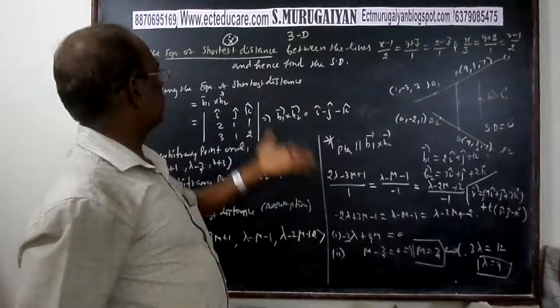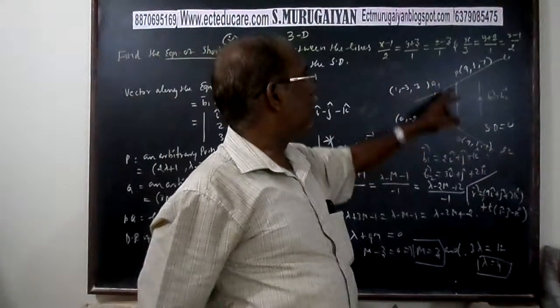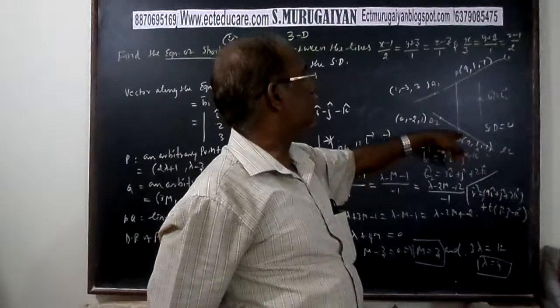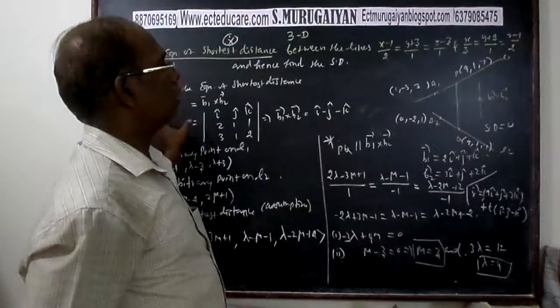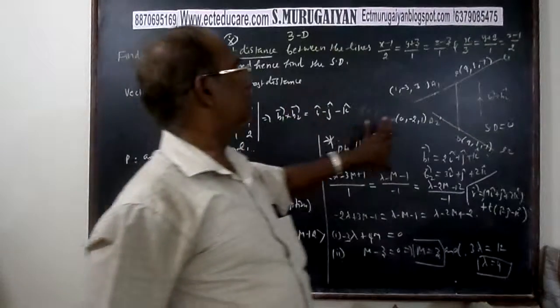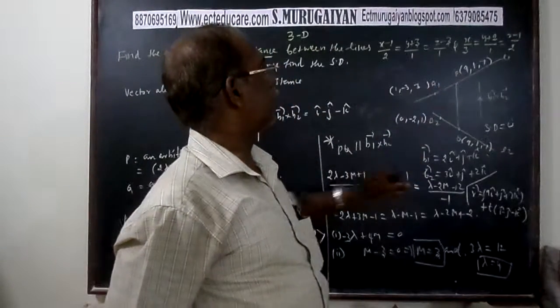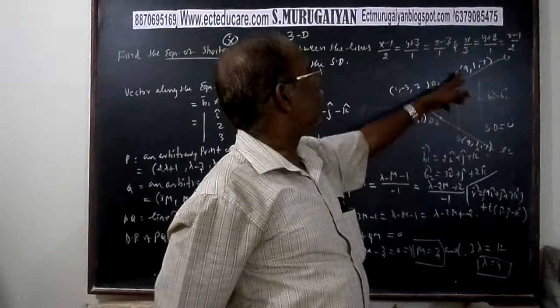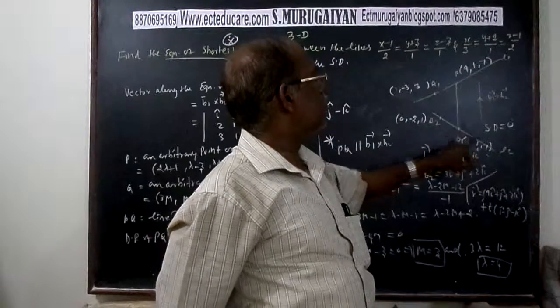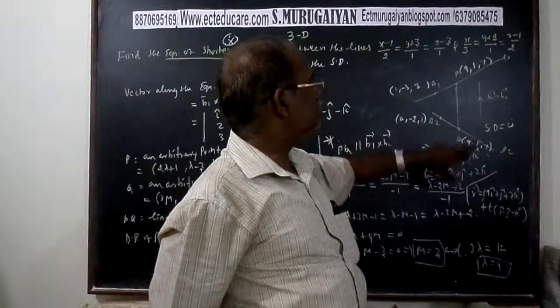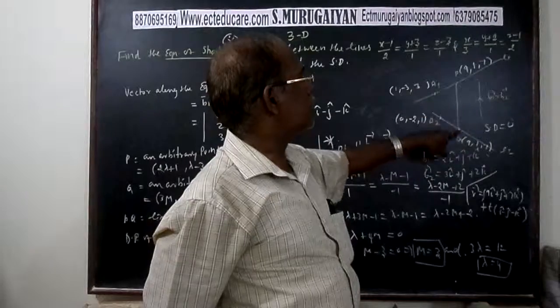But luckily in this question P and Q are coincident points, so this is an intersecting line. If it is really skew lines, meaning non-parallel and non-intersecting, then for non-intersecting lines the coordinates of P and Q won't be the same. So P will not coincide with Q.